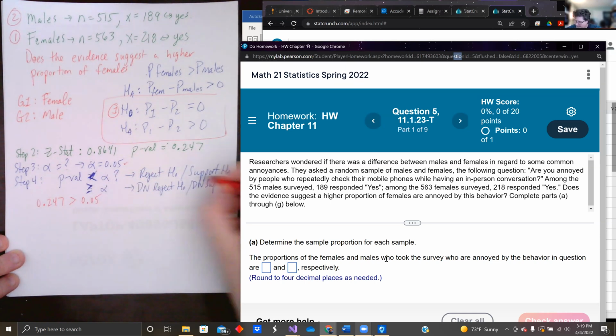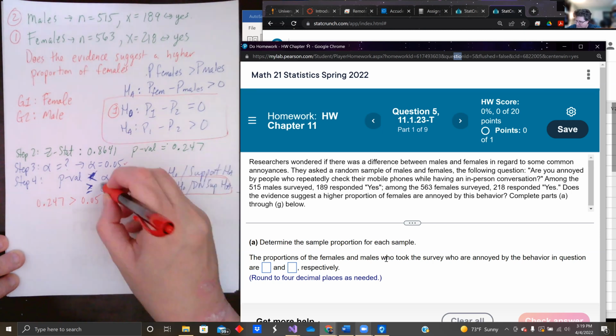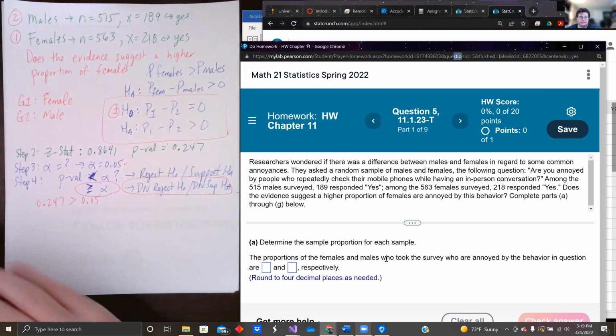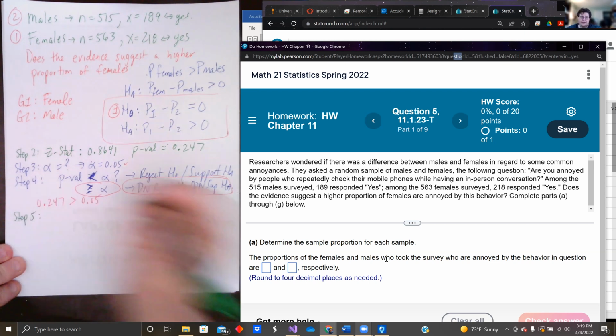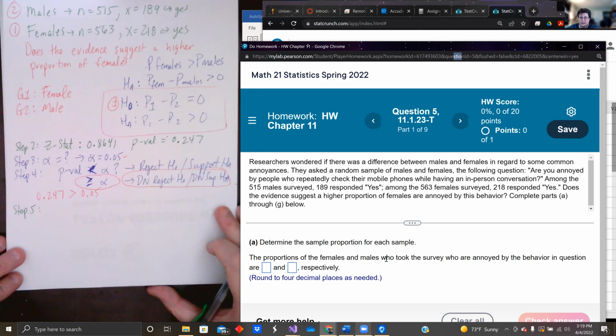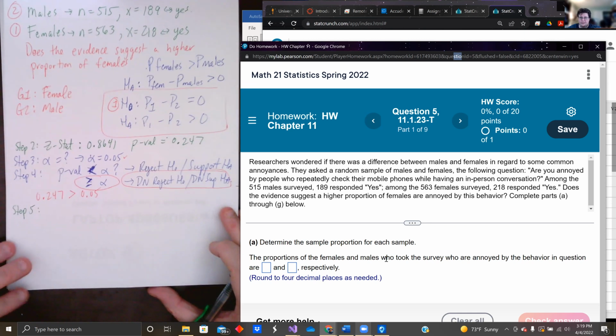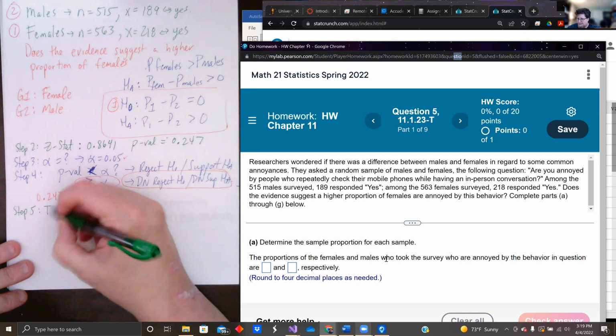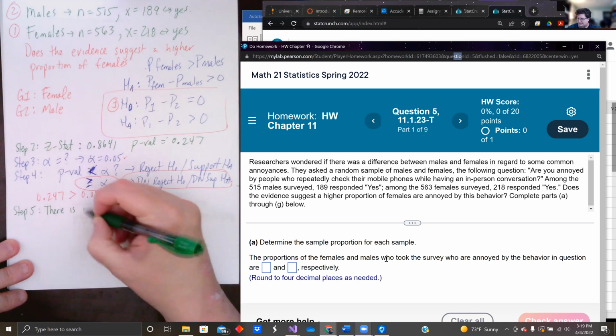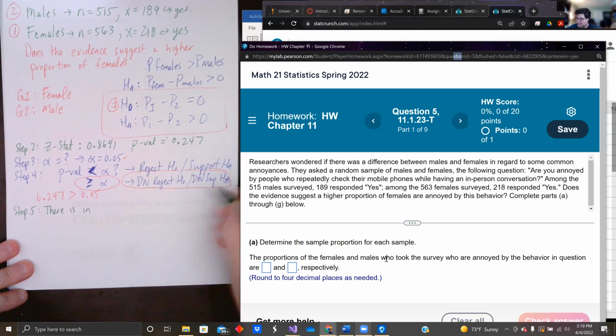It looks like I'm in that category right there. The p-value is larger than alpha. And so step 5, I want to make a statement. And I'm going to say there is insufficient evidence because I'm not supporting HA.